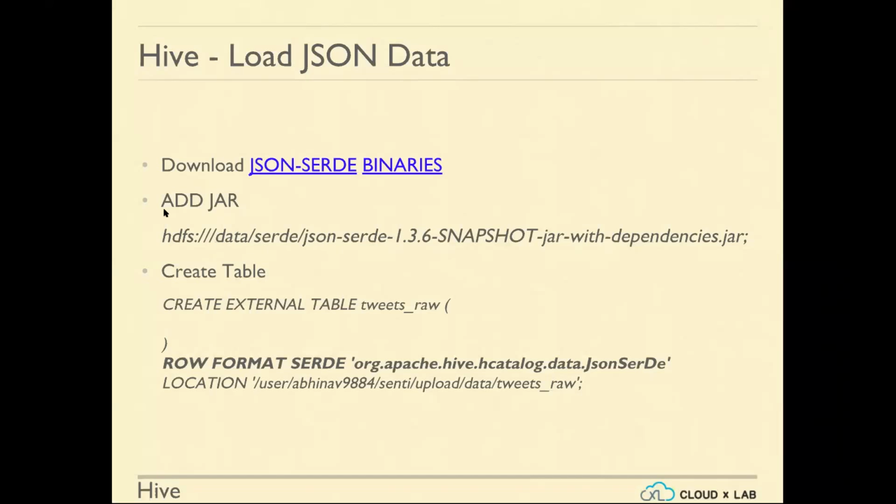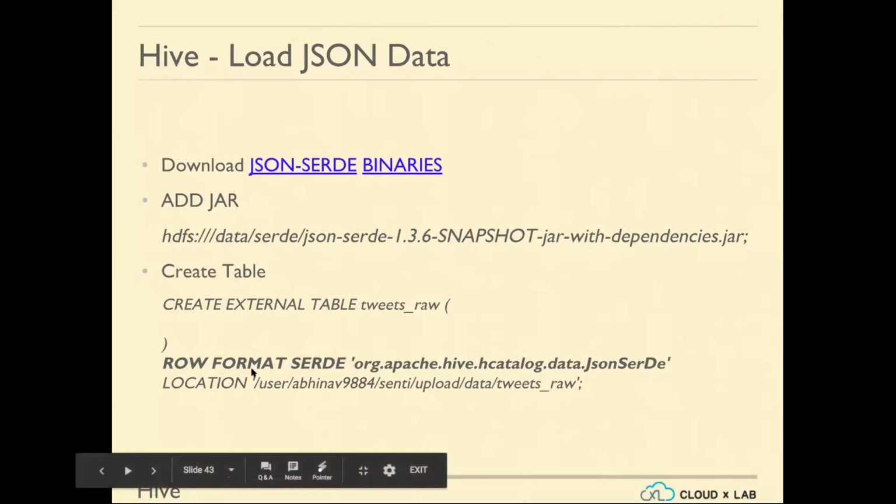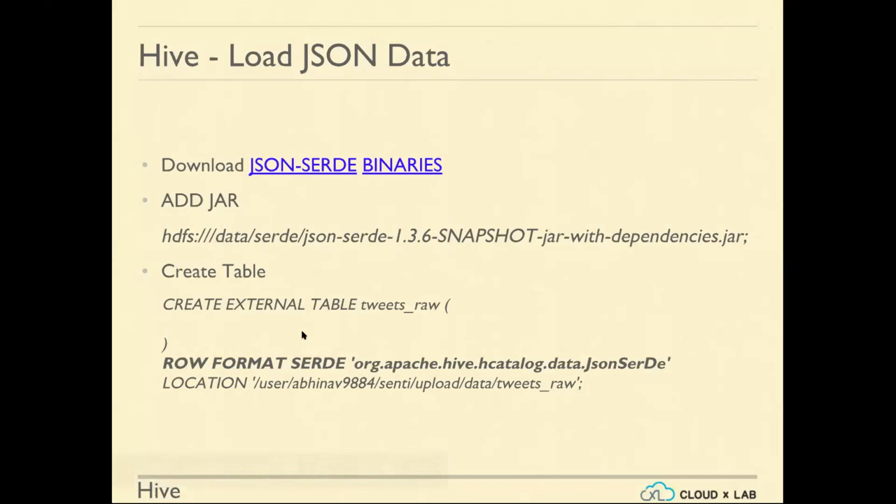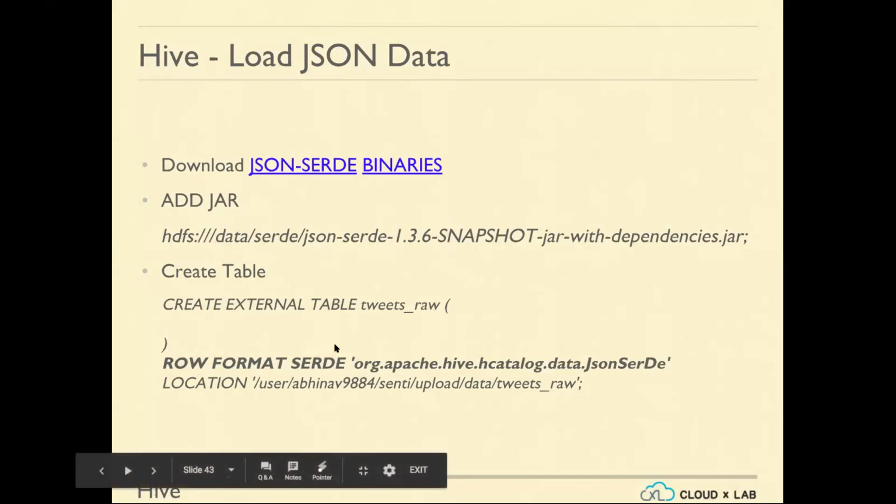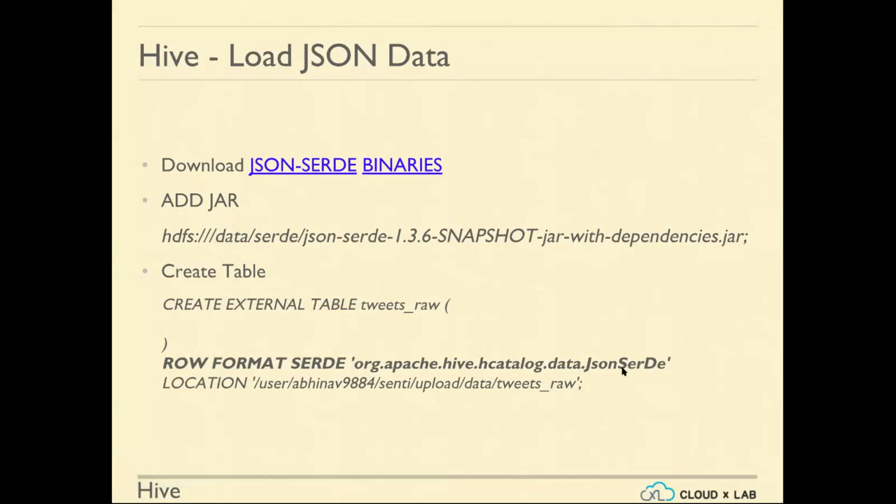So when you say add jar and then provide this jar, the jar gets registered. And this time, instead of saying row format delimited, we are saying row format SerDe, meaning this class will convert the raw data in the file into records.